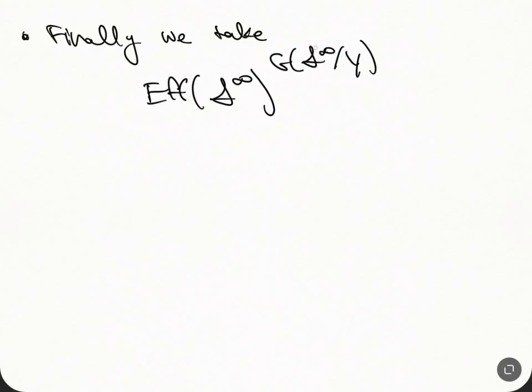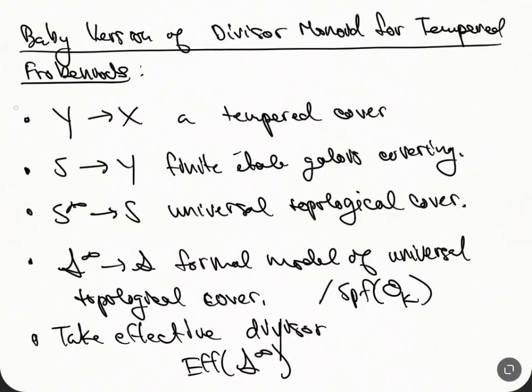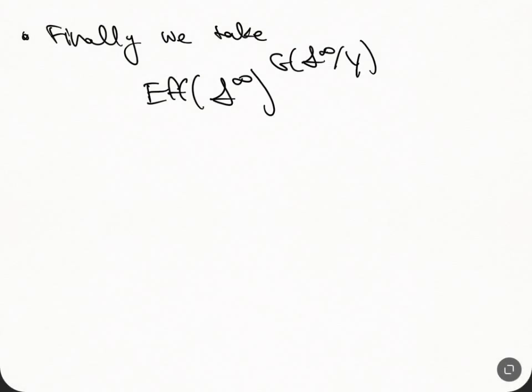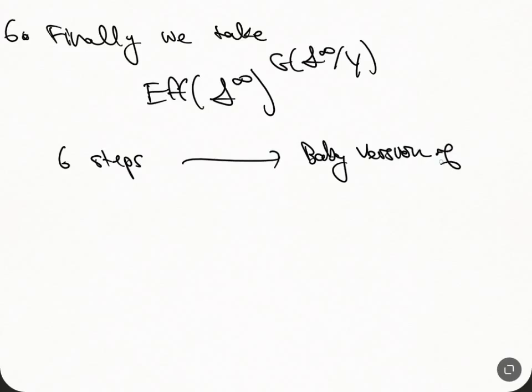Okay, so these steps, let's count them: 1, 2, 3, 4, 5, 6. So these 6 steps give the baby version of the divisor monoid.